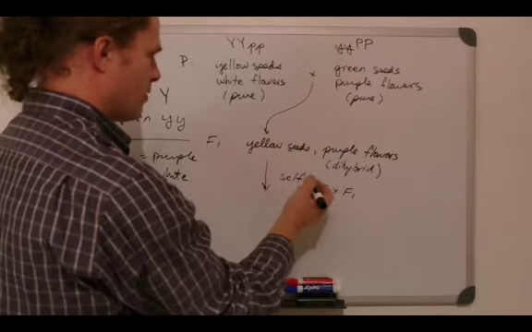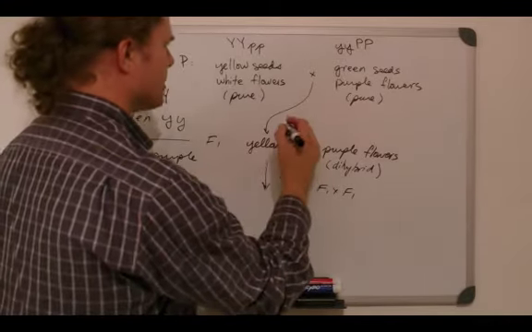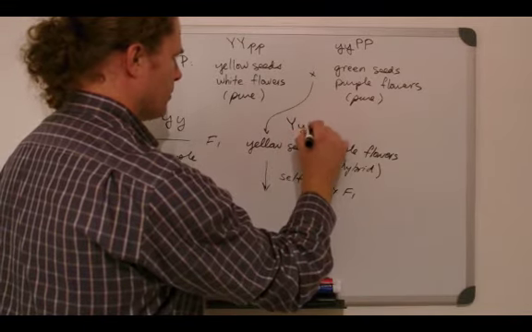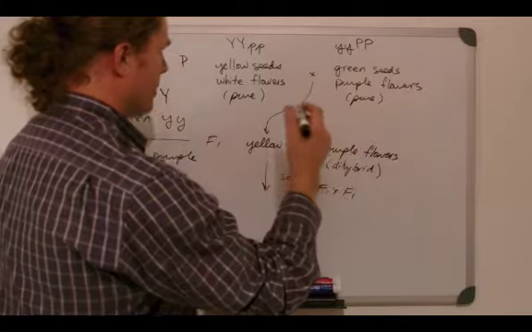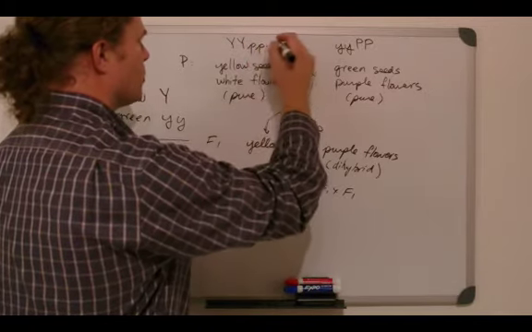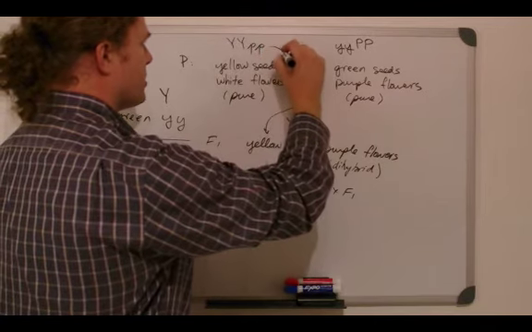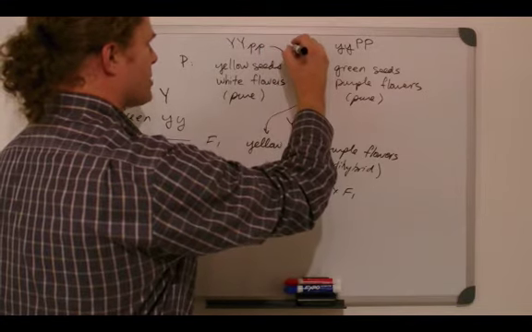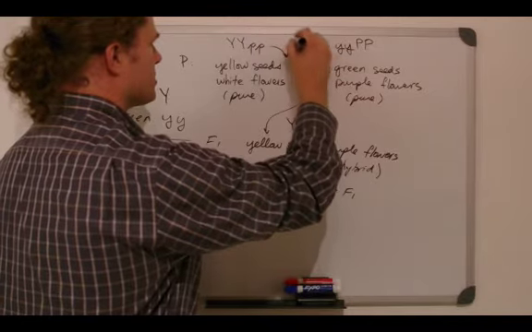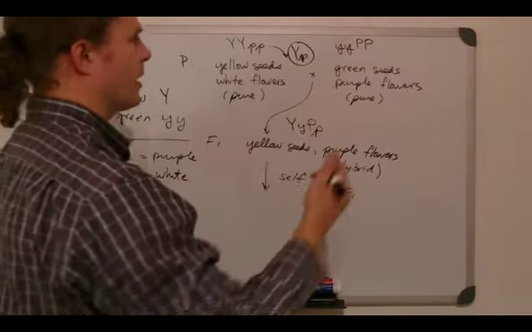This would mean that the F1 as a dihybrid is now big Y, little y, big P, little p. Another way to put it is when this organism makes gametes, uses meiosis to make gametes, it's going to contribute a big Y and a little p in its gamete set or package.